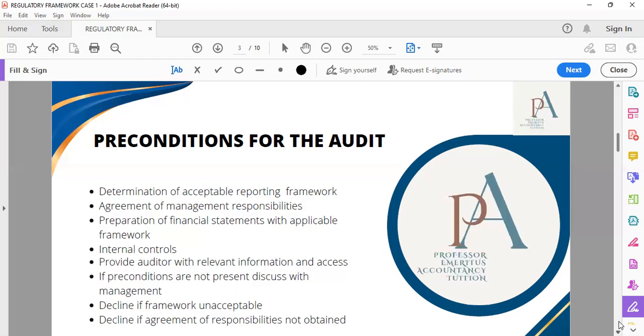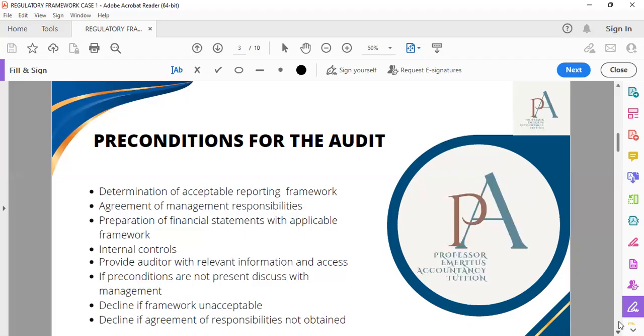For the reporting, you need to assess that the financial statement has been prepared in accordance with the appropriate and acceptable regulatory and reporting framework. That means that they must have followed accounting standards to start with, and the financial statement has been prepared according to the format prescribed by the kind of industry in which the business operates.